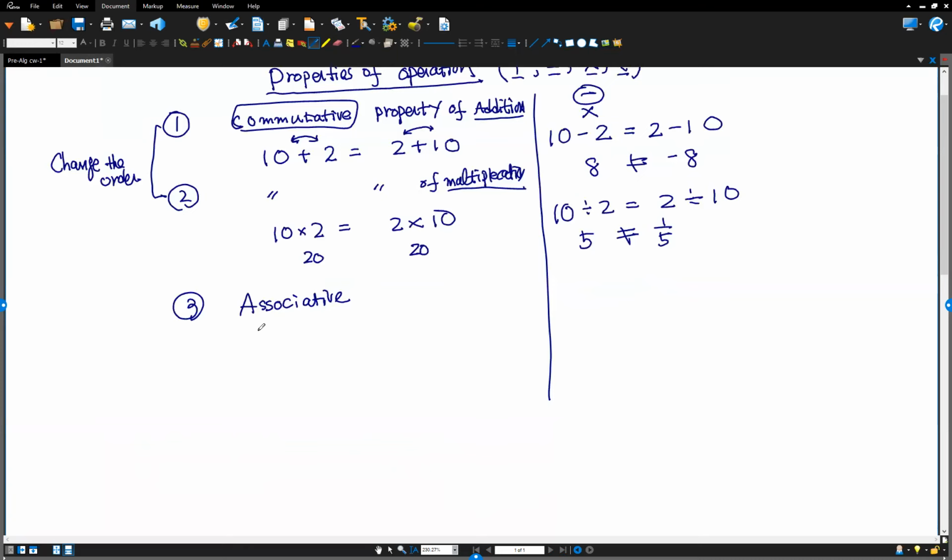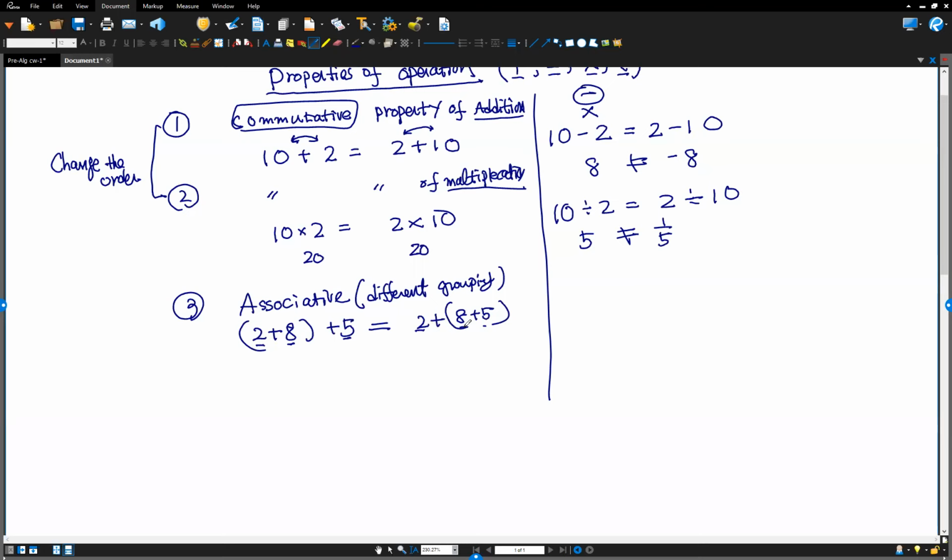The associative property looks like this: 2 plus 8 first and then plus 5. The next one, 5 plus 8 first, and later you add 2. They are equal. We assign a different group, but the same order, 2, 8, 5, not changed.